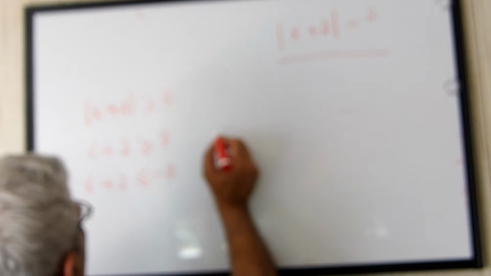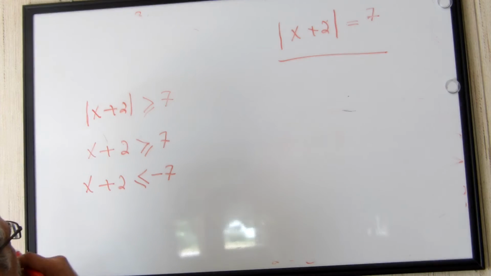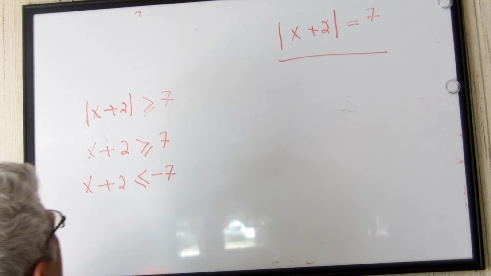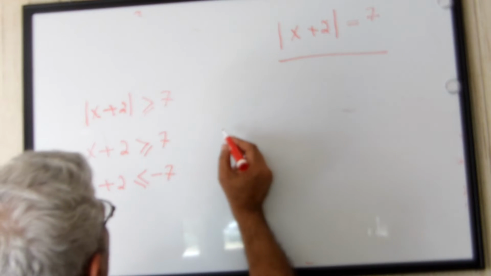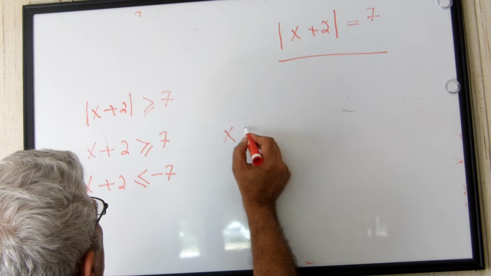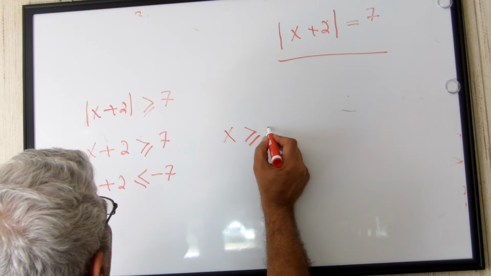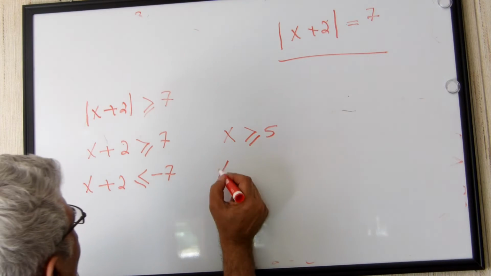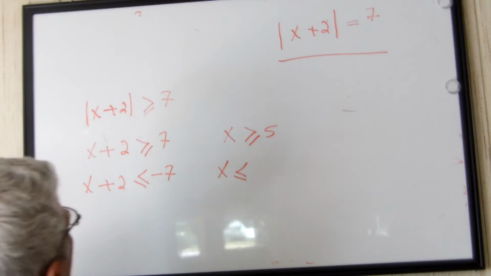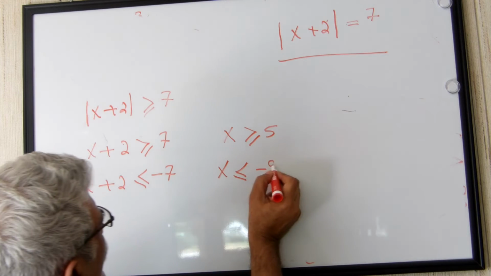We use the same example to show you what these signs are doing. So x is going to be greater than or equal to 5, and x is less than or equal to minus 9.